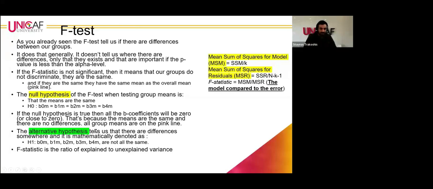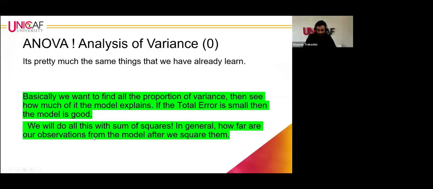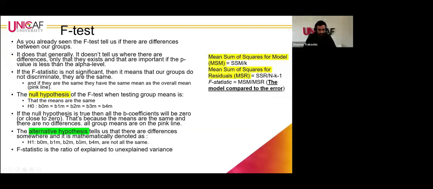The alternative hypothesis tells us that there are differences somewhere, and it's mathematically written, and this is funny, because you cannot write it as a "not equal" across all groups, because it would mean that there are differences between each comparison.